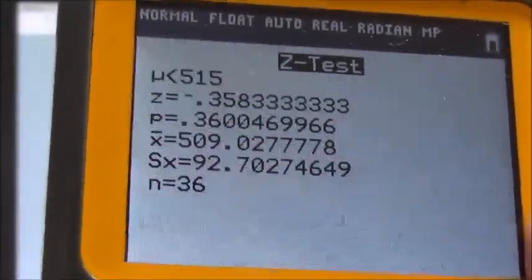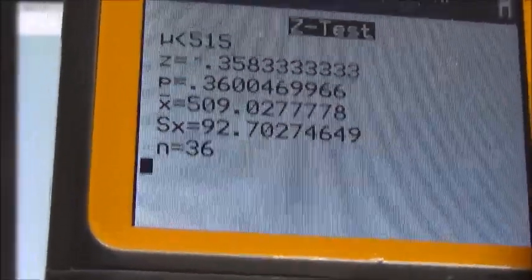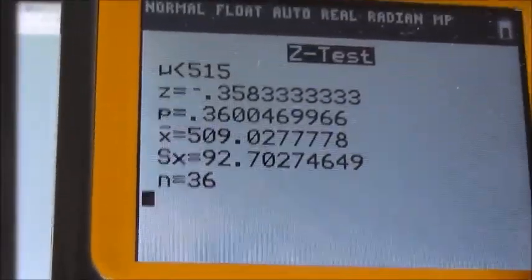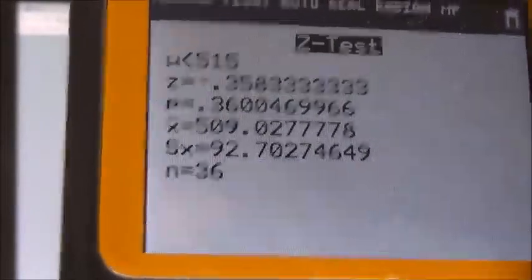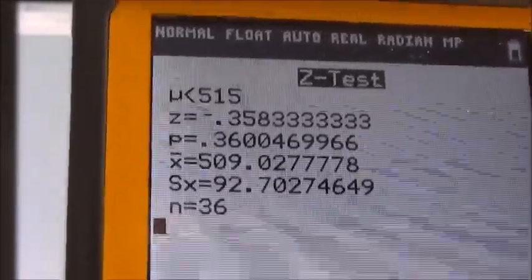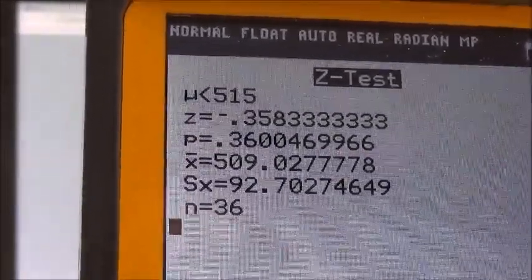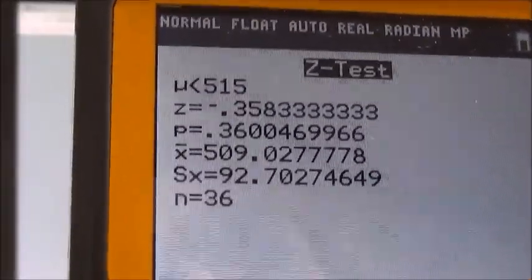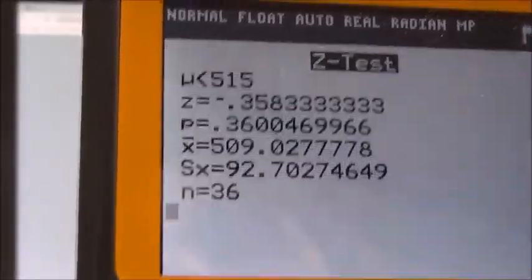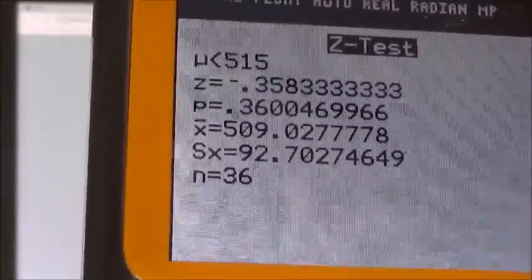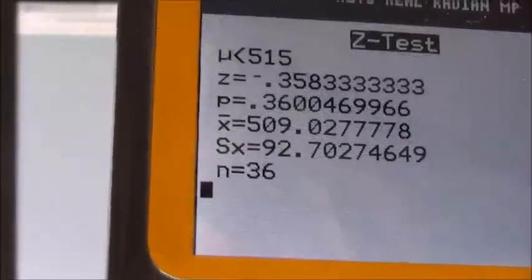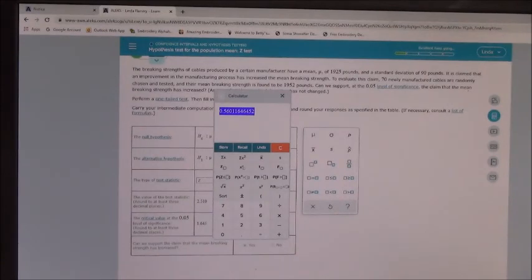So my test statistic, rounding to 3 decimal places, would be negative 0.358. My p-value is 0.360. So we have to decide, is this a left-tailed test or a right-tailed test? In this case, since I'm doing a less than, it is a left-tailed test.